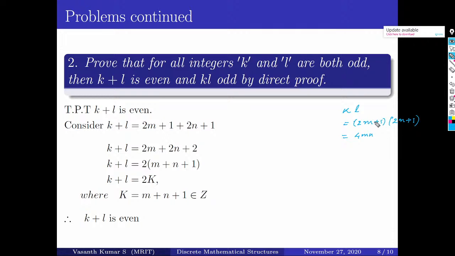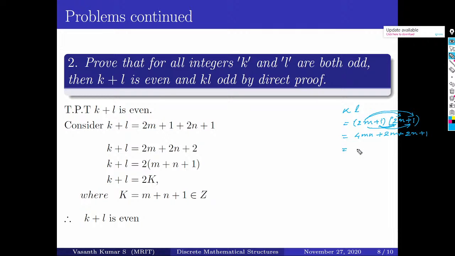2m into 2n becomes 4mn plus 2m into 1, 2m, plus 1 into 2n, that is 2n, plus 1 into 1, plus 1.